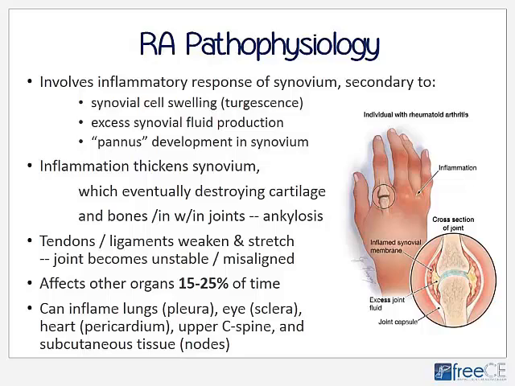RA affects other organs between 15 to 25% of the time, and typically it causes the most inflammation in the lungs, in the pleura, with the eyes, in particular the sclera, the heart, the pericardium, the upper cervical spine, particularly what's called C0-C1 at the base of the skull, and RA also forms subcutaneous tissue known as nodes or RA nodules.